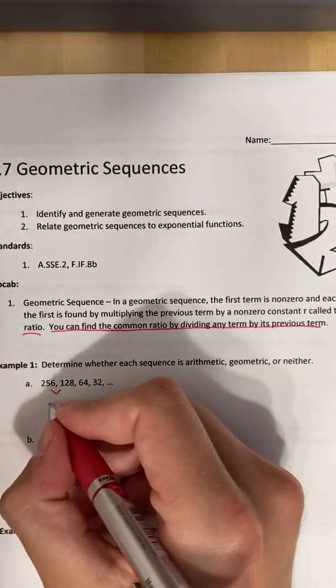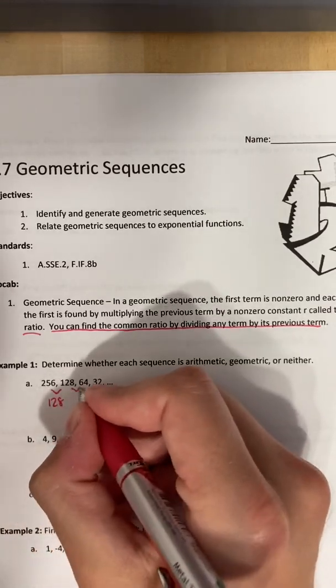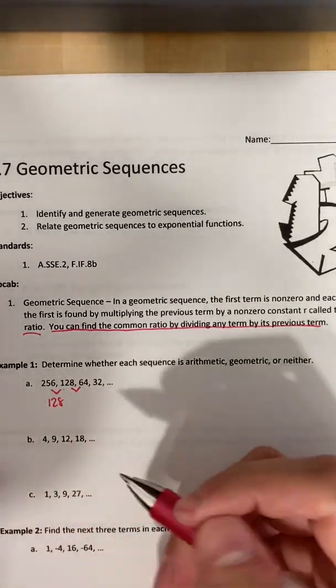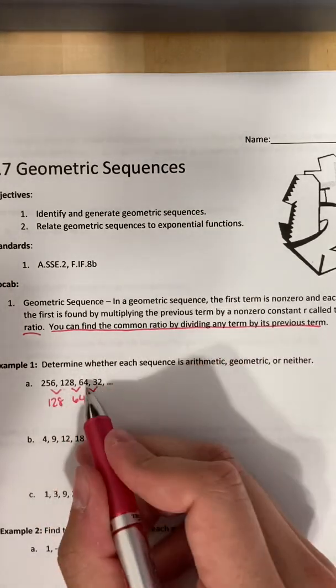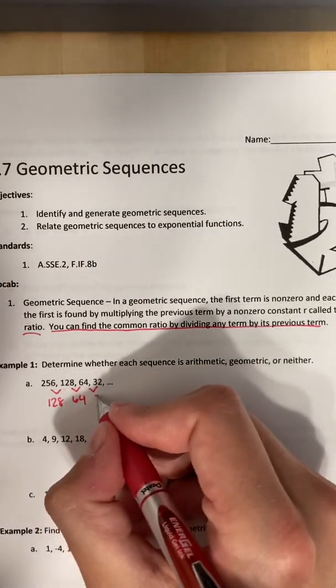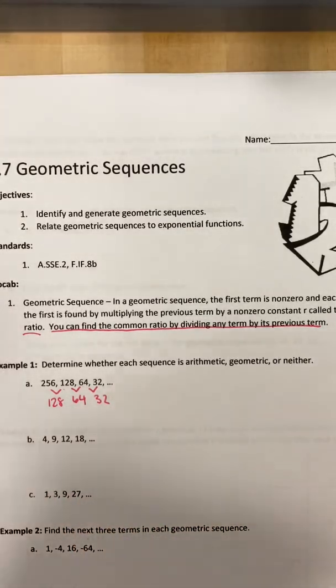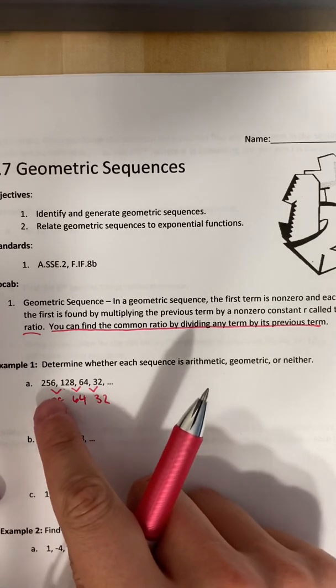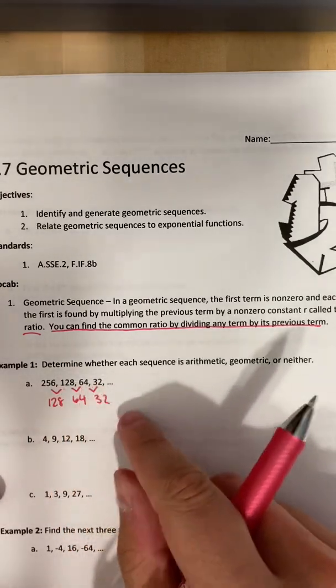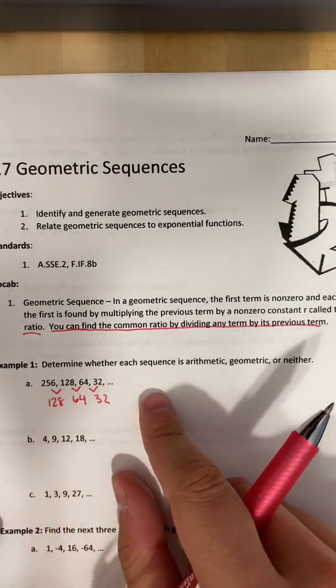Well, the difference between those is 128. What's the difference between 128 and 64? Well, it's 64. And what's the difference between 64 and 32? That's 32. So as you can see, in arithmetic sequences, the differences are going to be like plus 4, plus 4, plus 4. They're going to be the same, okay?